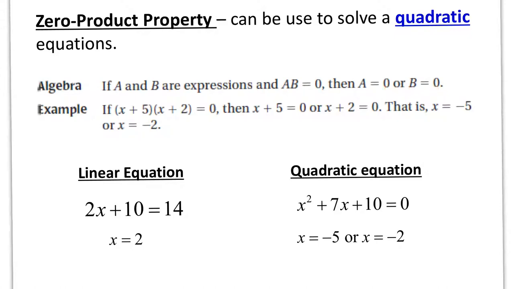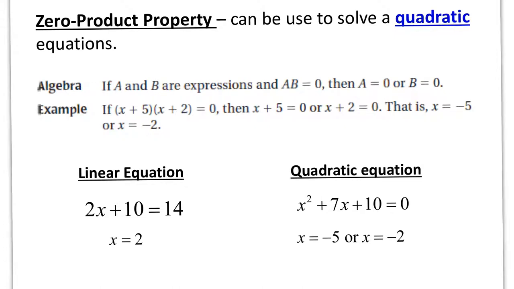Now if you apply this to a quadratic equation, look at the 2 parentheses here. You don't see the squared when you look at the parentheses, but if you distribute, if you multiply the 2 binomials, x times x is going to be your x squared. So that's where the square comes in, quadratic equation.